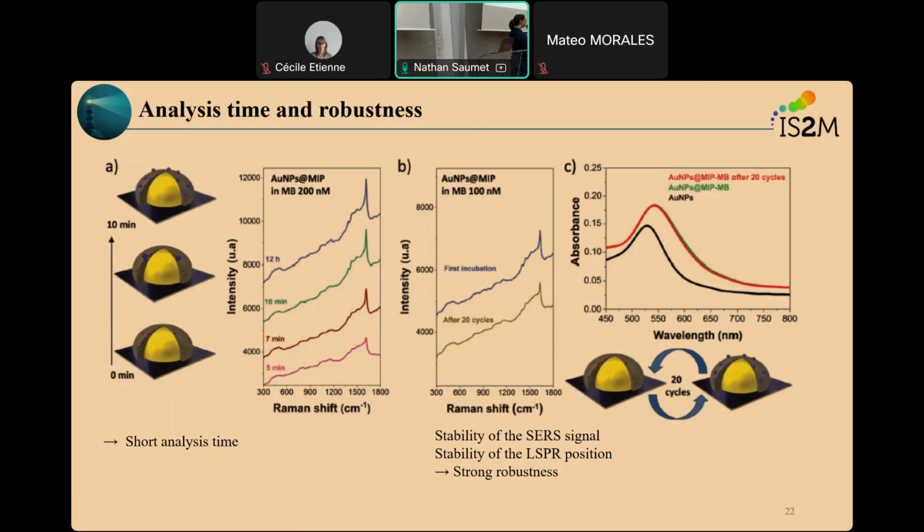So it means that in the vicinity of the nanoparticles, the polymers had not changed at all. And if we observe the Raman signal, it's the same after 20 cycles of incubation, and it's the same here after 20 cycles and after only one cycle.